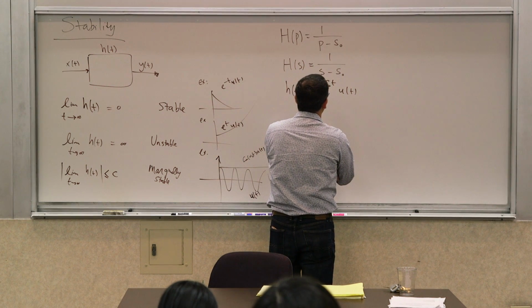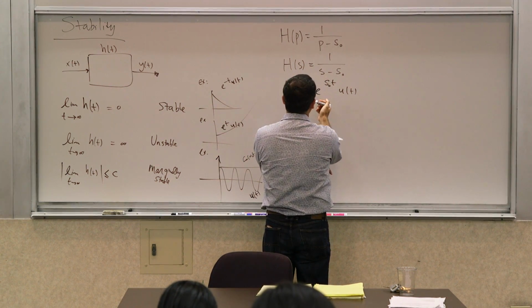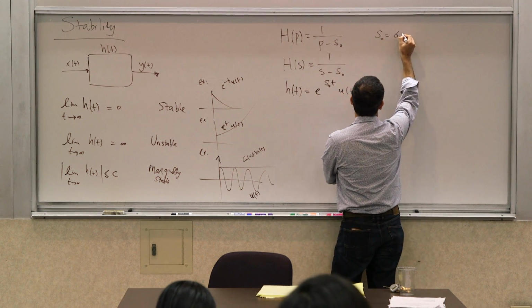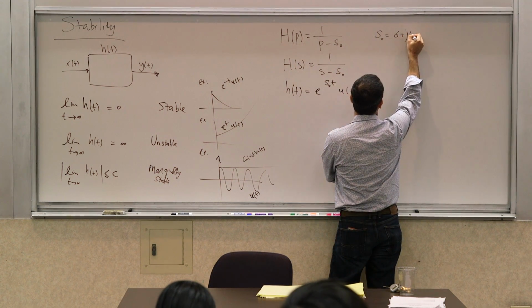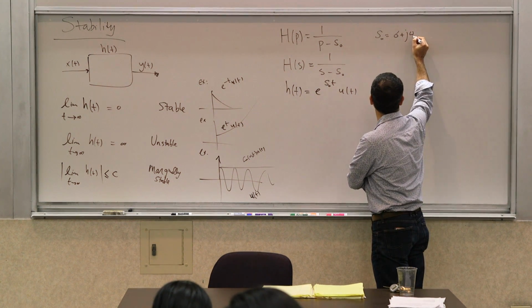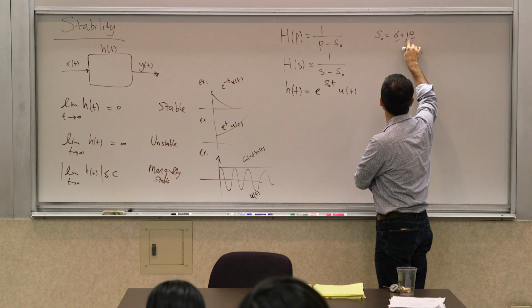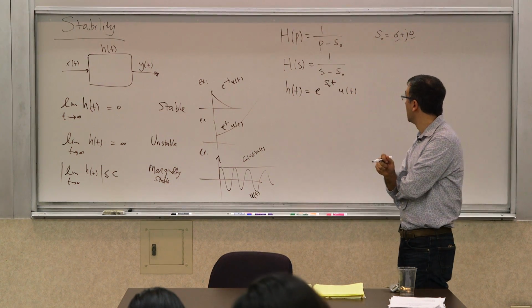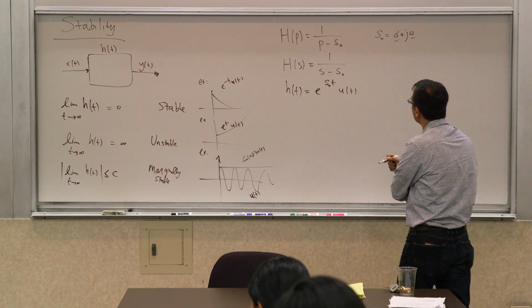Let's see. So we are looking at this, and now s naught is a complex quantity in general. We can write it as sigma plus j omega, where sigma is the real part and omega is the imaginary part. Both of these numbers, sigma and omega, are real numbers, which makes s naught a complex number.